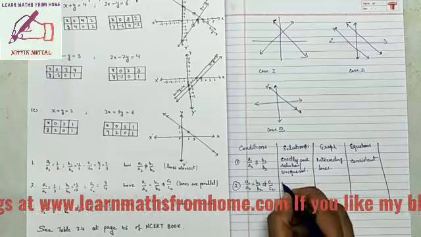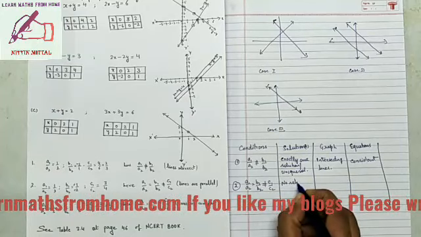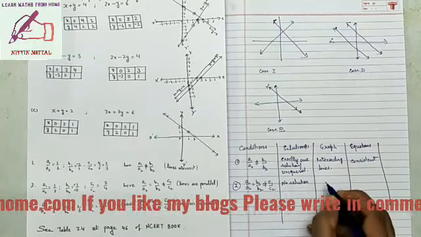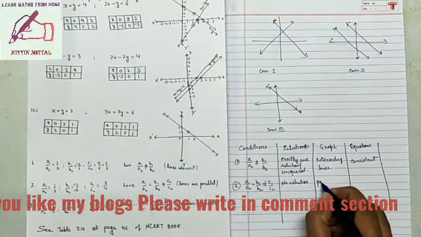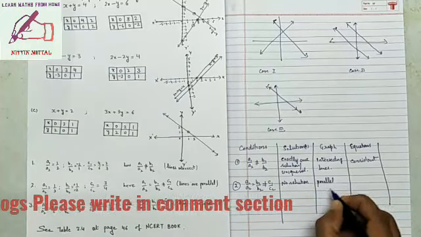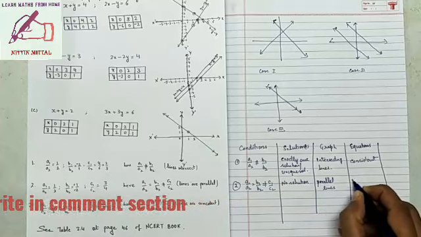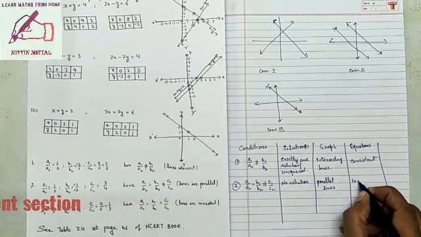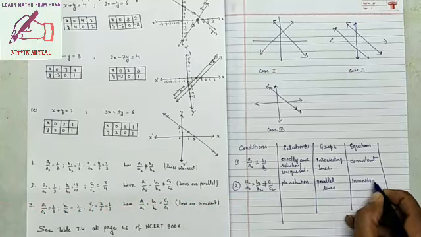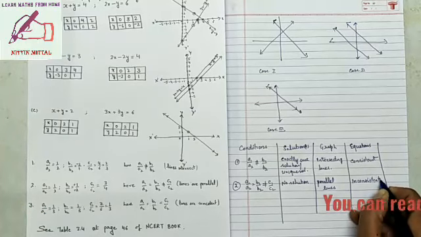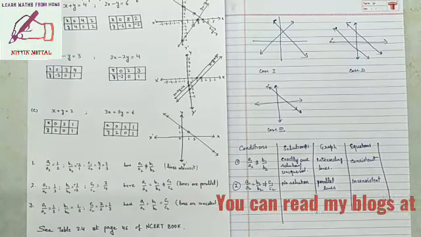About the graph you can say parallel lines, and as a solution is not possible, the equations are said to be inconsistent.